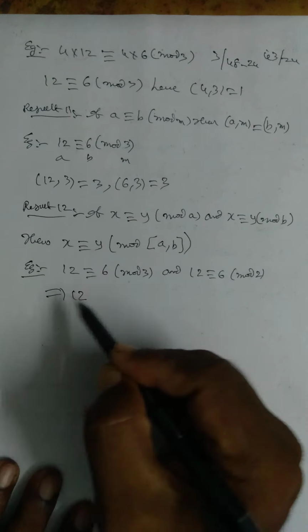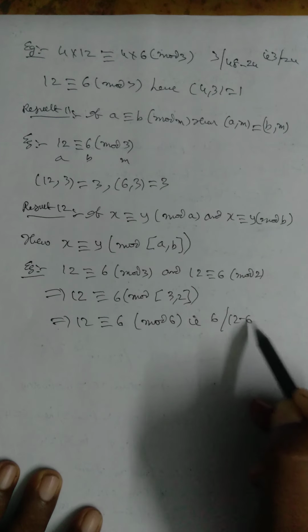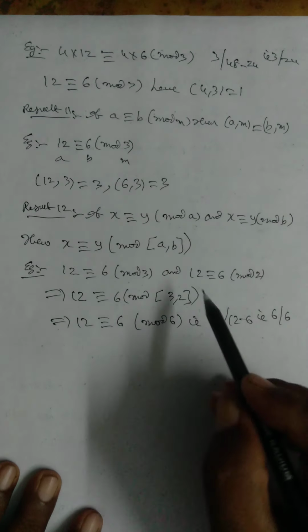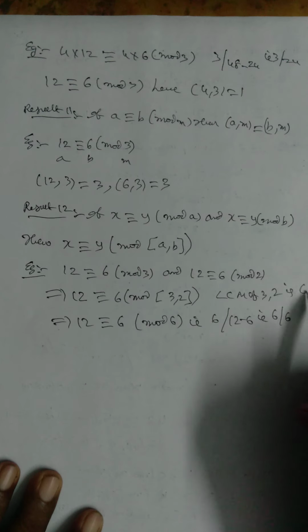Check it. 6 mod 6, that is 6 divides 12 minus 6, that is 6 divides 6. So the LCM of 3 comma 2 is 6.